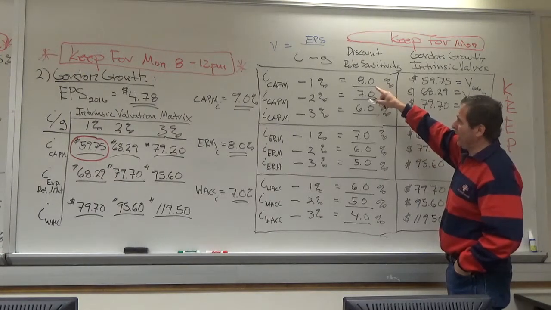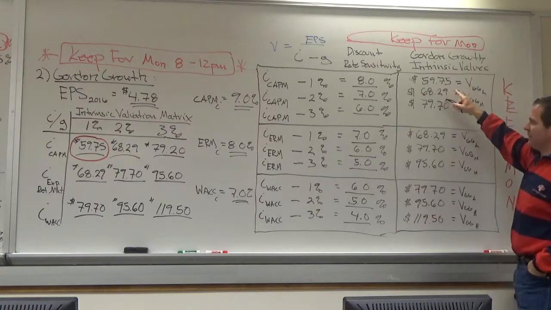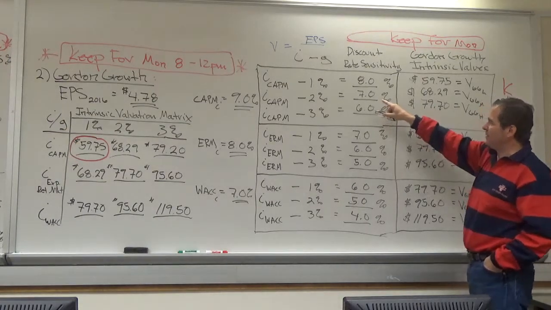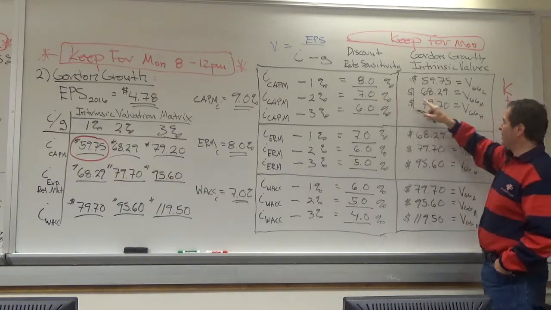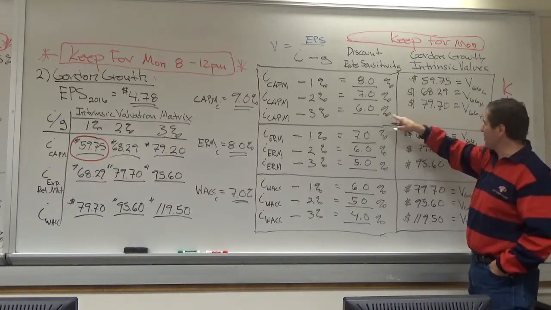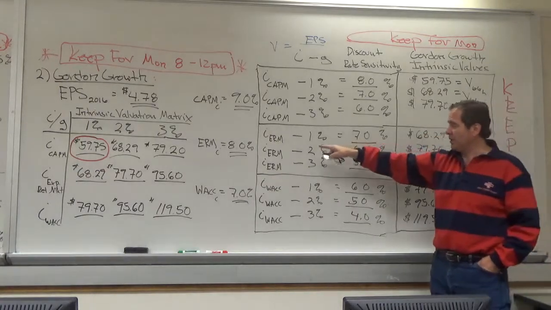So 0.08 or 8% divided into the 4.78, we get $59.75. $4.78 divided by 7% is $68.29, divided by 6% is $79.70 for the expected return on the market.